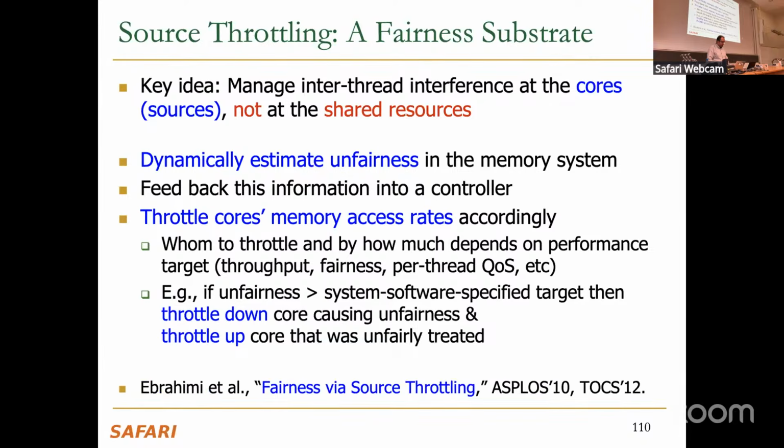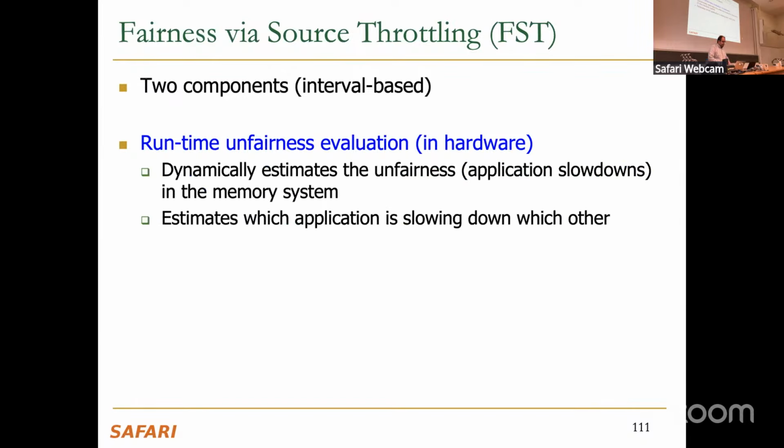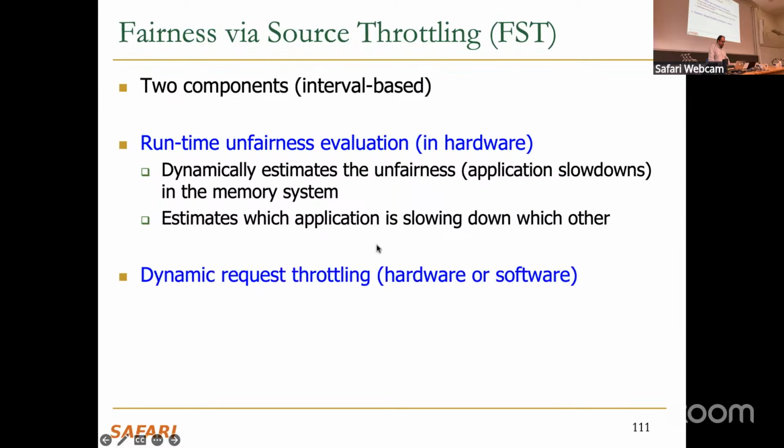So here is a paper that we're going to also discuss now at a high level, Fairness via Source Throttling. There are two components in FST: runtime unfairness evaluation, which is in hardware, such that we dynamically estimate the unfairness and application slowdowns in the memory system and estimate which application is slowing down which other.